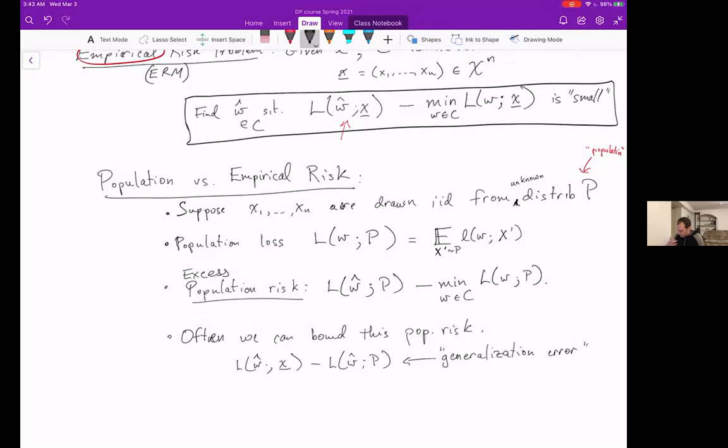And there are some really fascinating connections between differential privacy and generalization error, that we'll touch on later in the course. So often we can bound this population risk. Often we measure it using a holdout data set or cross validation.